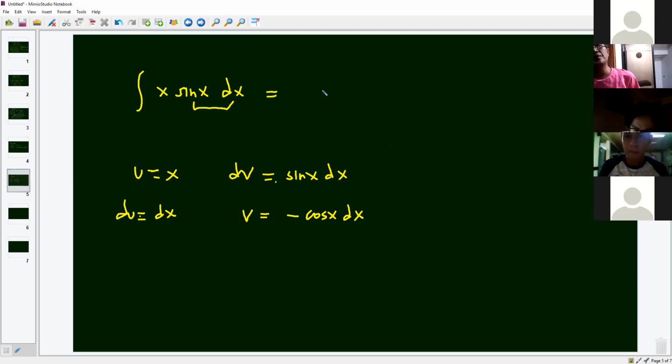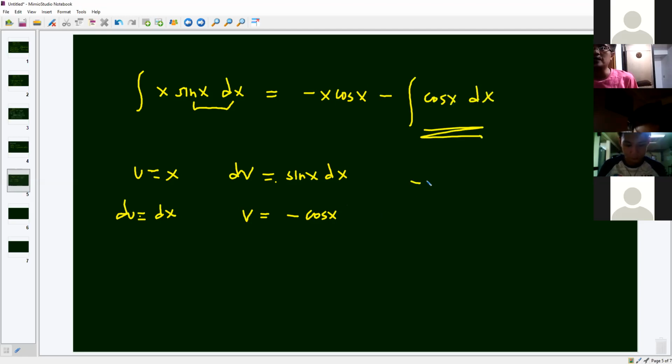So what will happen? What we have is uv. Wala nang dx, I'm sorry. Wala nang dx. I-integrate na natin. Wala rin plus c, at the end na lang. So uv is negative x cos x, and then integral v du now becomes a minus. Integral v du is cos x dx, another integrable form.